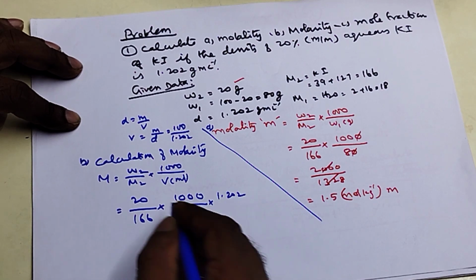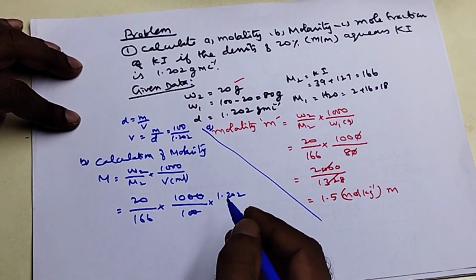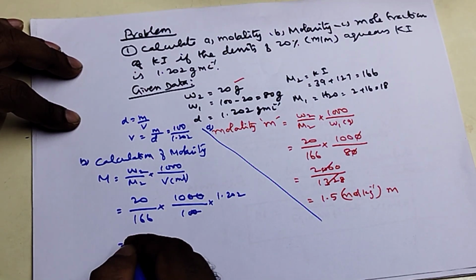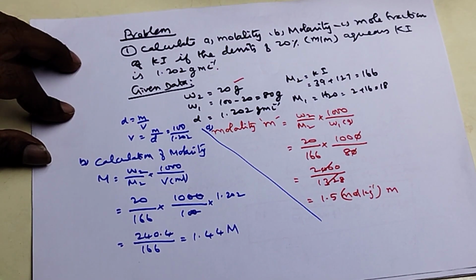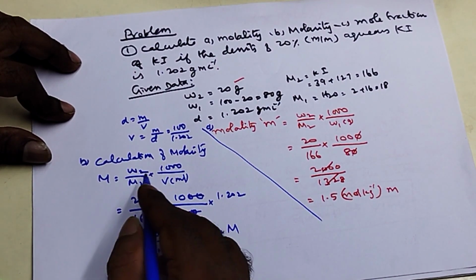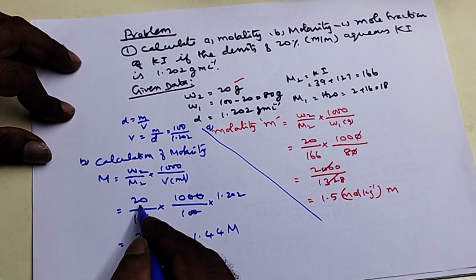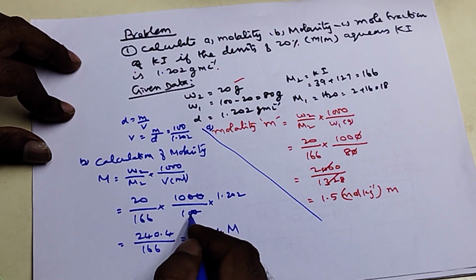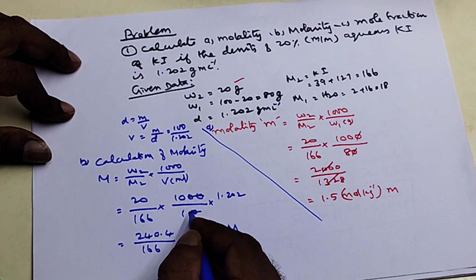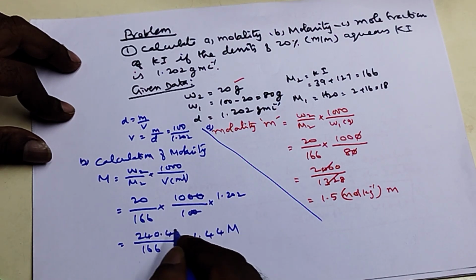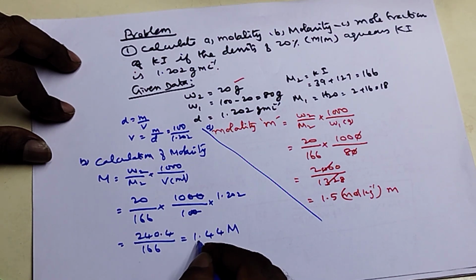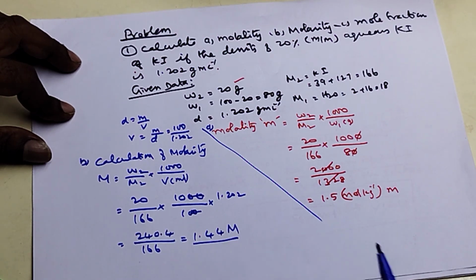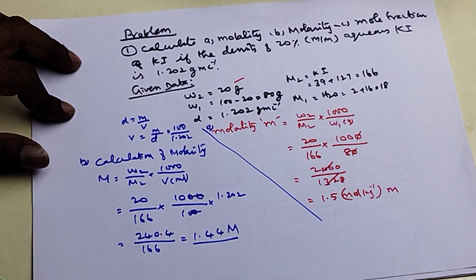If you cancel all these things and simplify, the volume is 100 into 1.202. Multiplying this, we get 240.4 divided by 166. If you simplify it, it is 1.44 M. If you put a capital M, M stands for molarity.